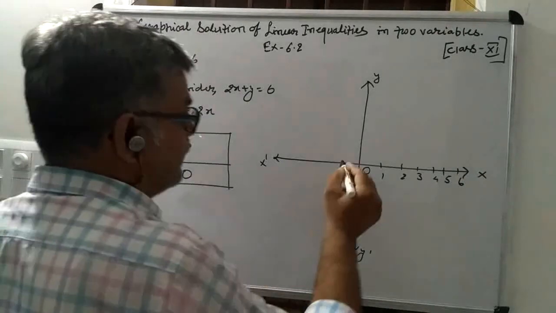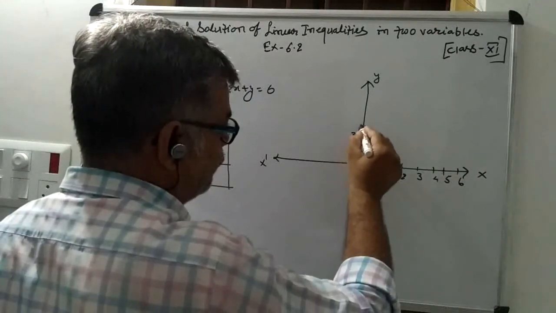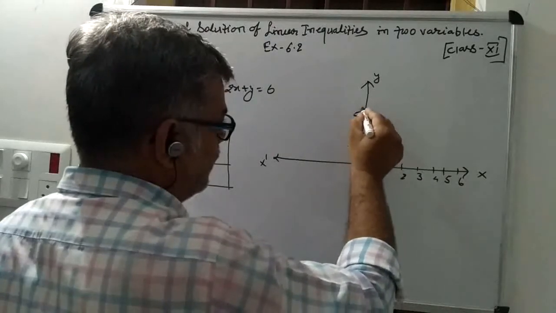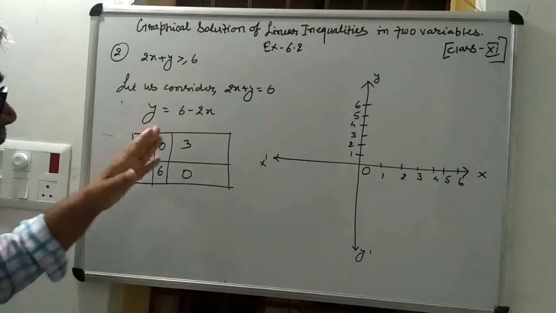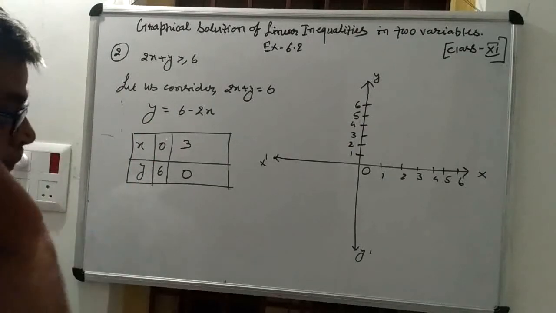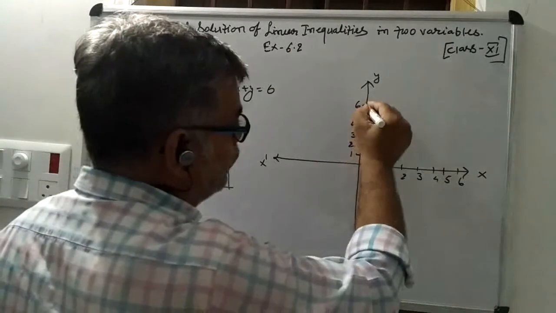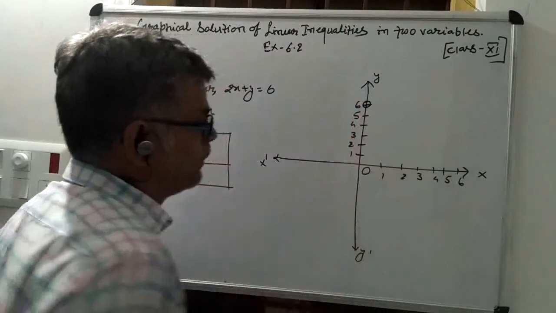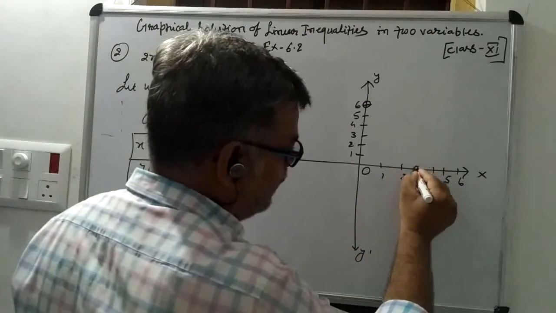And on the y-axis also it is 1, 2, 3, 4, 5, 6. Now you need to represent this equation. First the coordinate is 0, 6, so your 0, 6 will be here. And 3, 0 will be here.